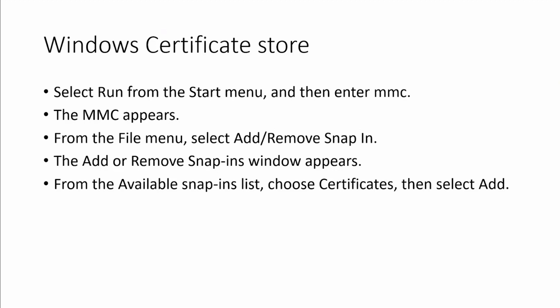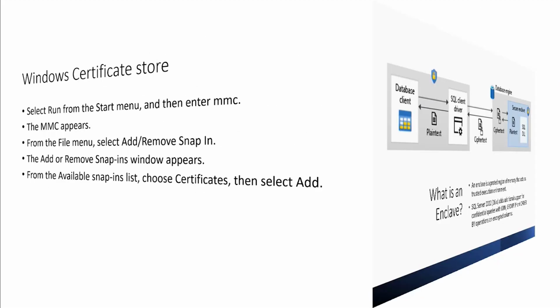Otherwise, you have the option of the Windows certificate. And it's very easy. We can just open our MMC. In our demo, I'll show where it is stored. This is the area where we can go and see the certificates generated for the encryption. Those are the things we can find in our certificate store.